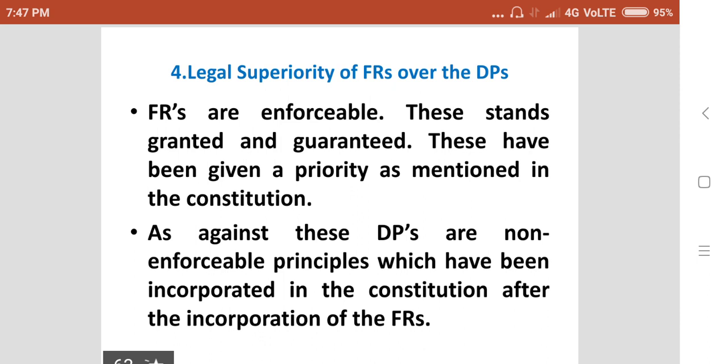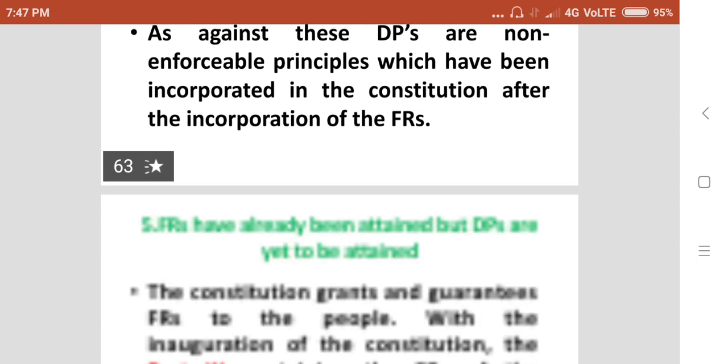As against these, directive principles are non-enforceable principles which have been incorporated in the Constitution after the incorporation of fundamental rights.